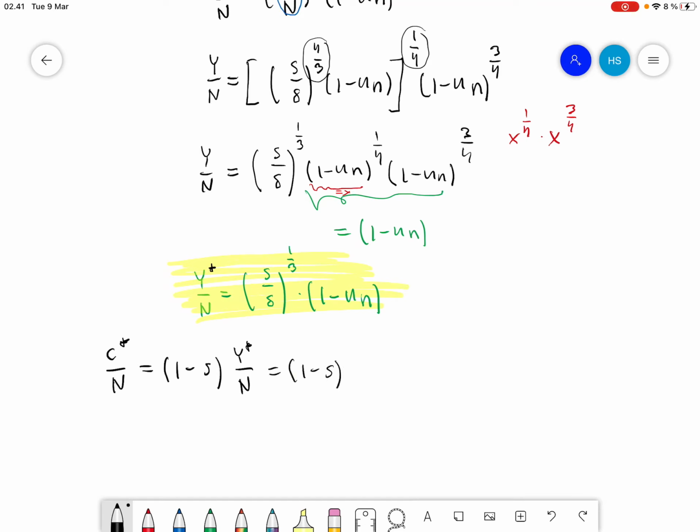So we get 1 minus S times S over delta to the power of 1/3 times 1 minus the natural rate of unemployment. This here is the consumption per worker in steady state.